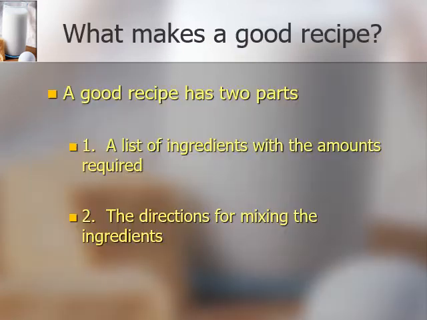Just like we discussed before, a good recipe has several parts. The first 2 are a list of ingredients with the amounts required and the directions for mixing up the ingredients. Those are the 2 main components of a good recipe.